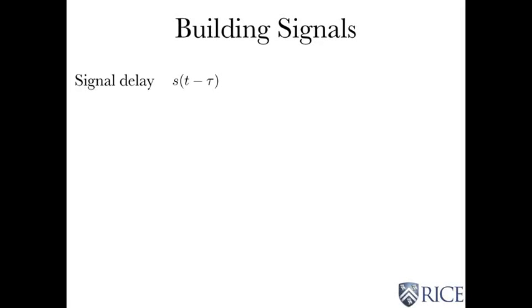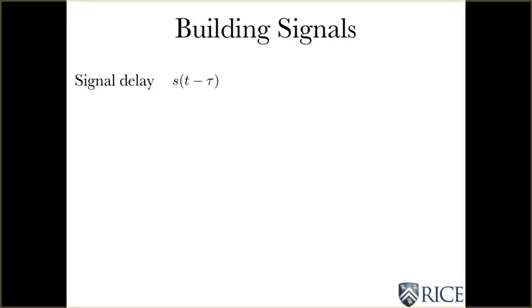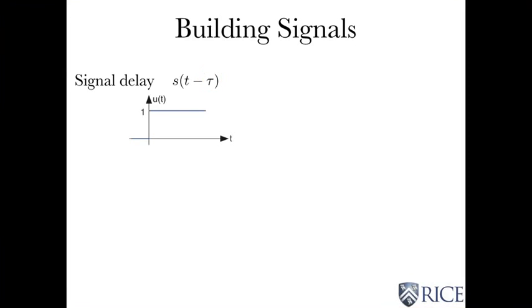The thing we have to first talk about before we get into building signals is what's called a signal delay. Here, the delay is tau, and I claim this signal is delayed in time by tau. So let's see how that works.